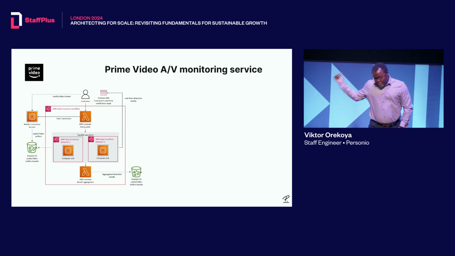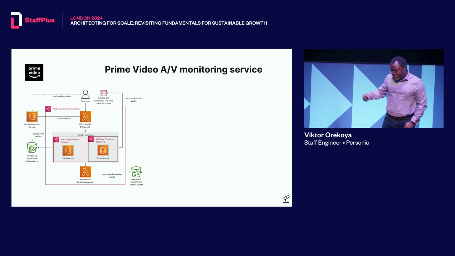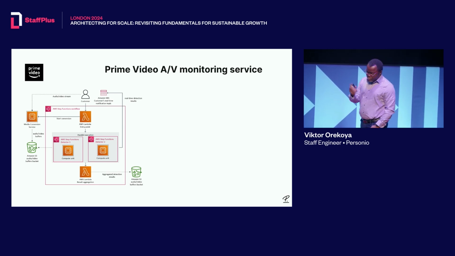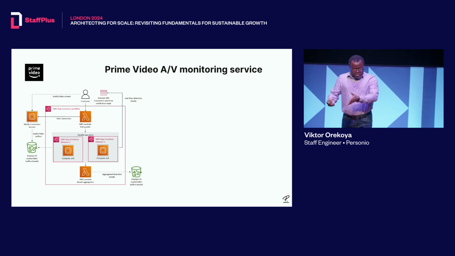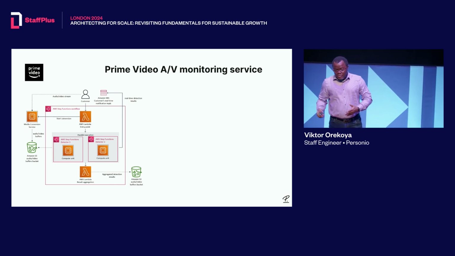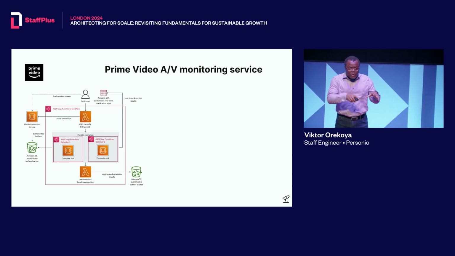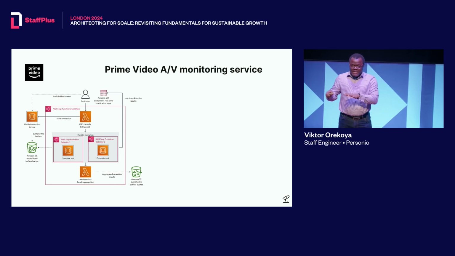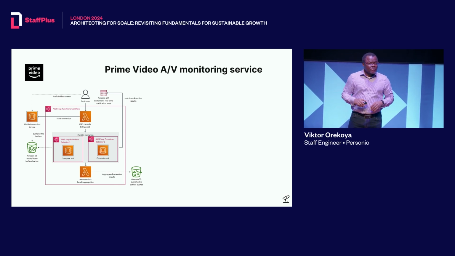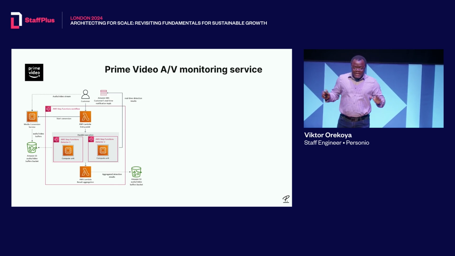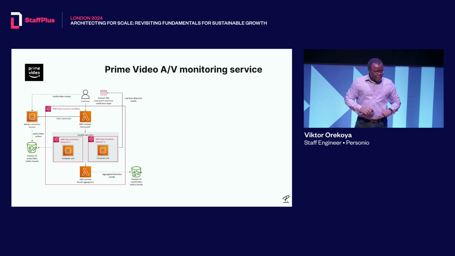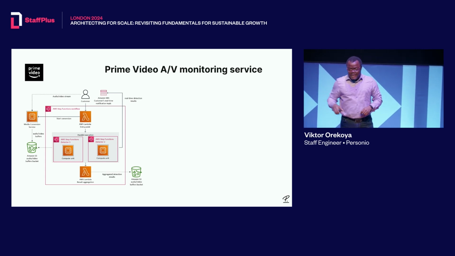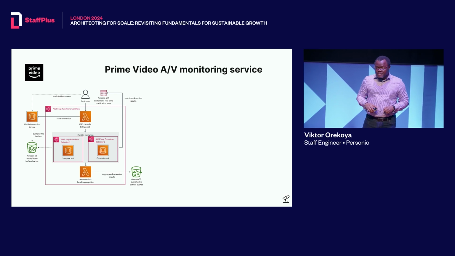Another one, and this one is actually quite interesting because it's fairly new, and a lot of people in the audience will probably know about it. What Prime Video did here was, and this was their monitoring service, not Prime Video itself, the thing they used to do quality analysis on videos. They built a bunch of stuff, came up with the architecture, as usual, perhaps did their back of the envelope calculations.